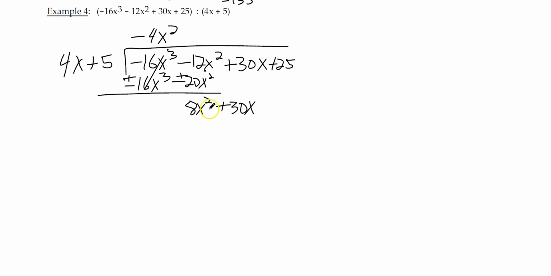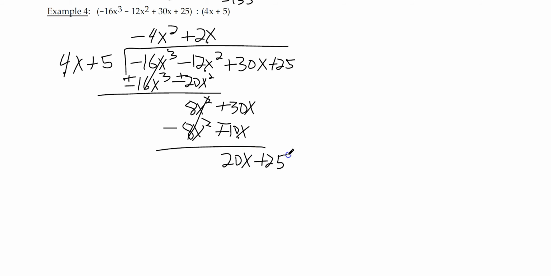In general, you want to have dropped down enough so that you have the same number of terms as what you're dividing by. 4x times what is 8x squared? Positive 2x. And we distribute. So that is 8x squared plus 10x. Draw the line, change the signs, reduction. 30 minus 10 is 20x, and let's bring down our 25. 4x times what is 20x?